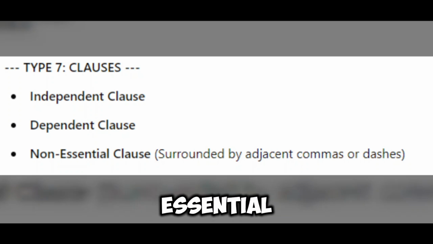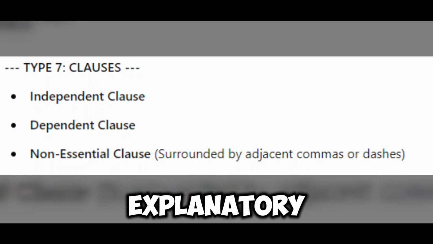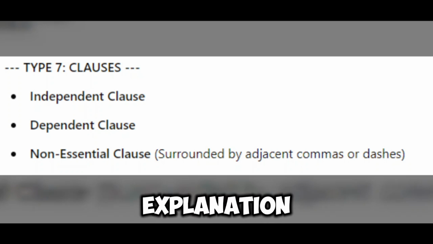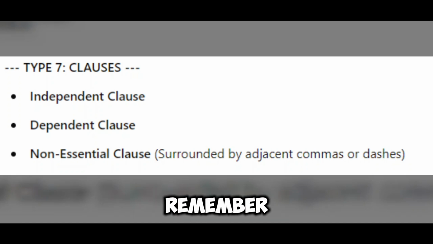And non-essential clauses are self-explanatory: they are not essential for a sentence to provide a full explanation. All right, and remember that these types of clauses are always surrounded by adjacent commas or dashes. They can't be surrounded by a comma and a dash, or a dash and a comma. They can only be surrounded by two commas or two dashes.